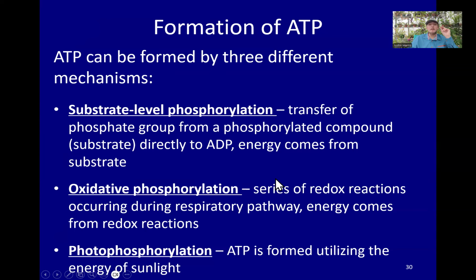And then we have oxidative phosphorylation, and this is the process that we will see in bacteria on the cell membrane, or that inner membrane, where we use an ATP synthase, or just this motor protein that's really cool that pumps out a high level of ATP.